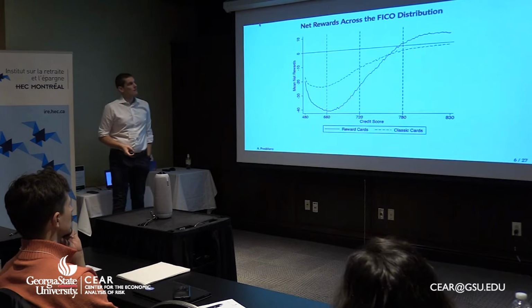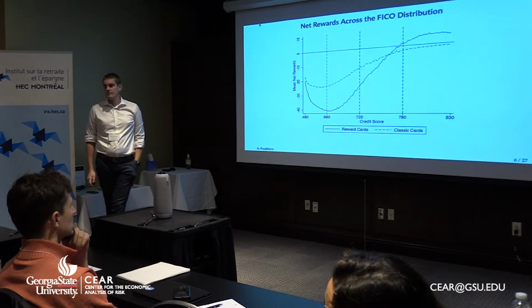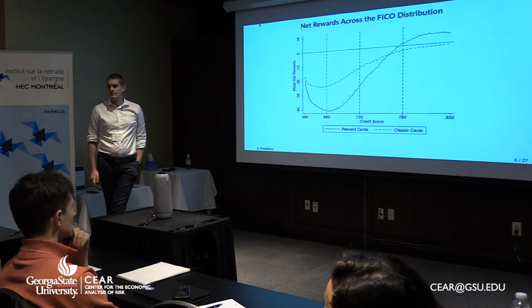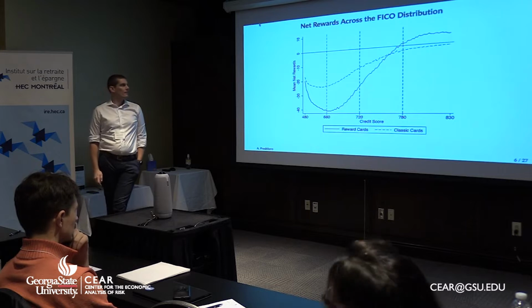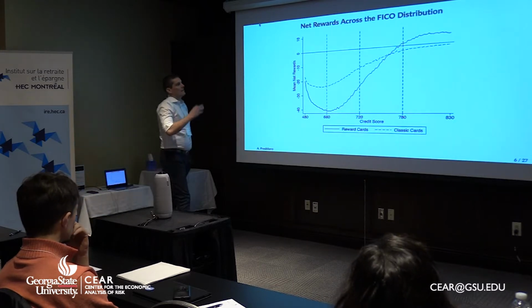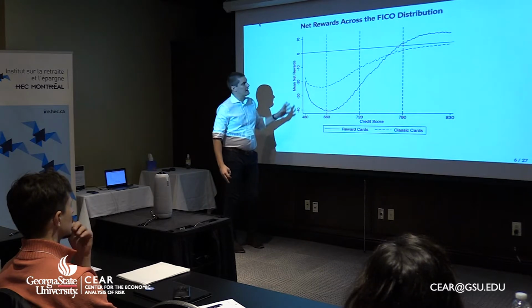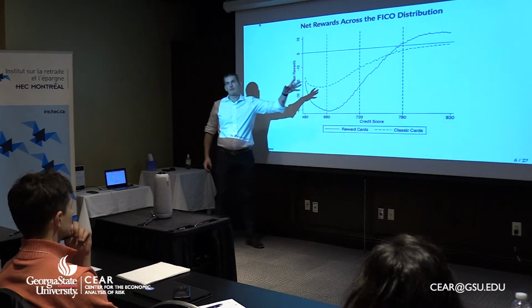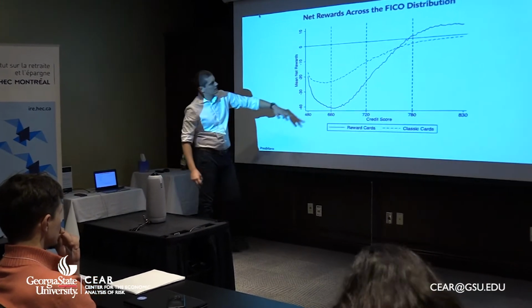So basically, the benefits are the reward dollars that you are getting on the card, and you factor in APR by calculating through the balance. So from here, it's purely descriptive. You can't say much, but there's a bunch of intuition here: clearly you see there is a lot of redistribution across different people, and there is different behavior across cards.